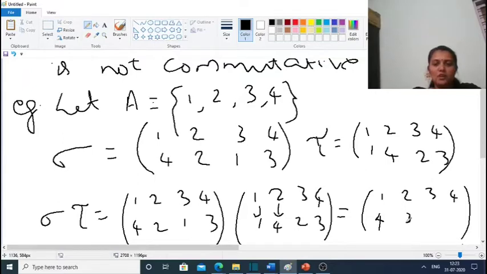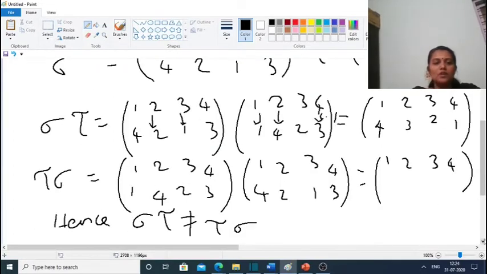First do what is in tau, then its corresponding value here. 3 goes to 2, 2 goes to 2, 4 goes to 3, 3 goes to 1. So this is sigma tau. And tau sigma is 1 2 3 4 over 1 4 2 3 composed with 1 2 3 4 over 4 2 1 3.